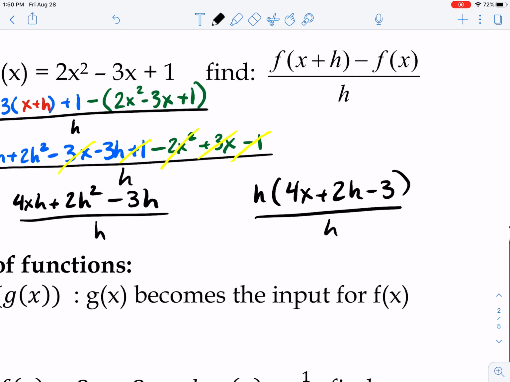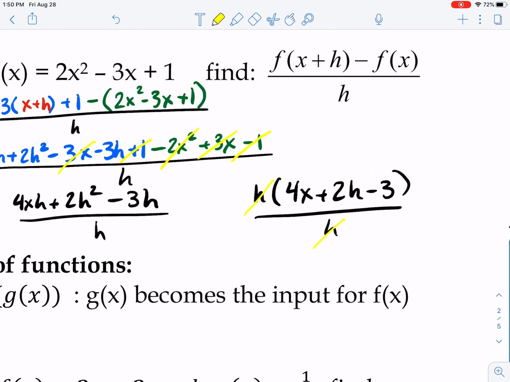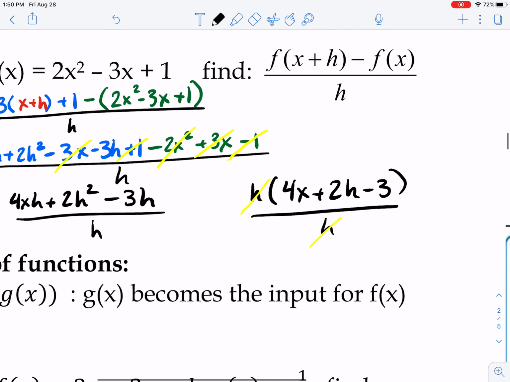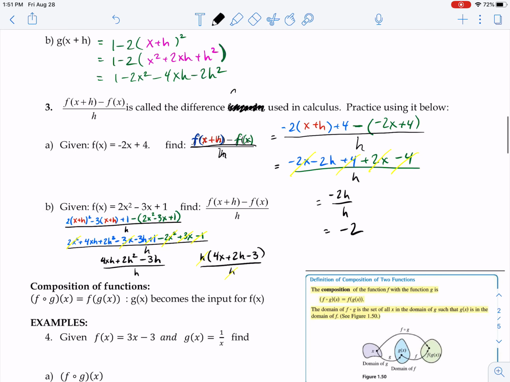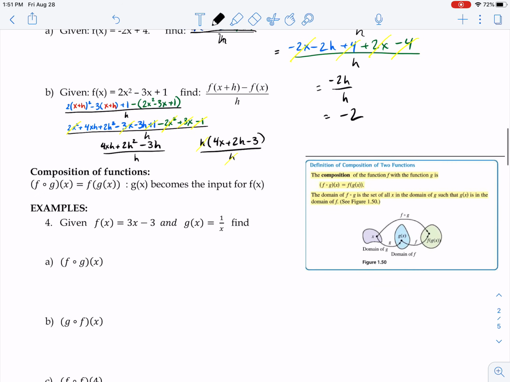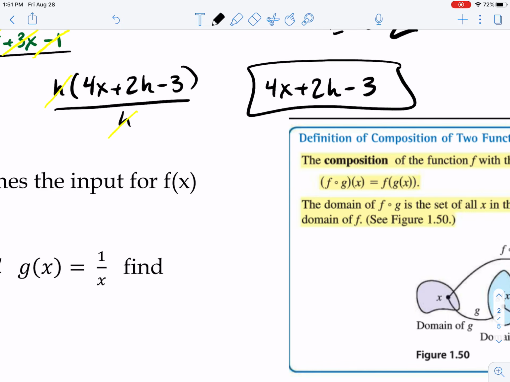And this h on top cancels with that h on bottom, and we have my final answer for the difference quotient. You know what? They don't call it the difference formula. I'm going to disagree with my fellow teacher. We're going to call this the difference quotient. And the final answer becomes 4x plus 2h minus 3. And that's the answer for that one.